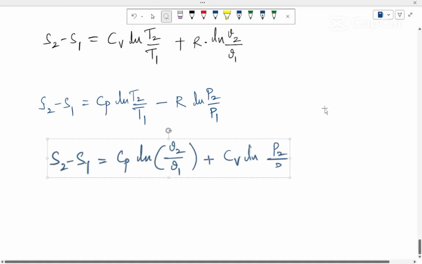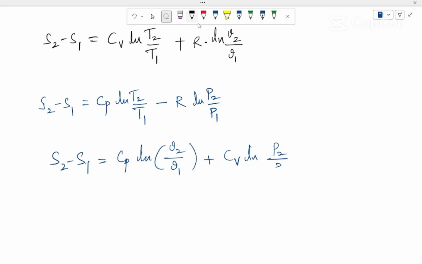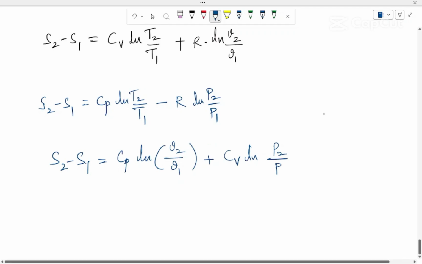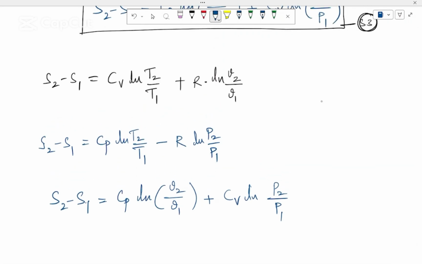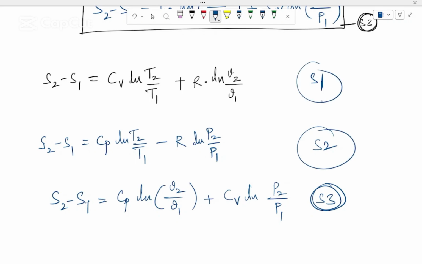So these are all the three expressions I am having here. This is S1 expression. This is S2 expression. And this S3 expression. You are supposed to learn by heart all these expressions, S1, S2 and S3. All the expressions are very important for solving the problems that you will do in the next class.